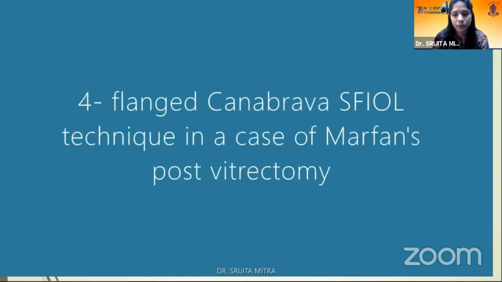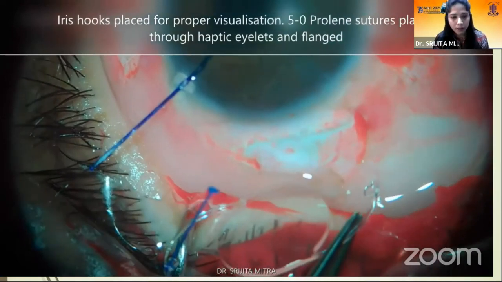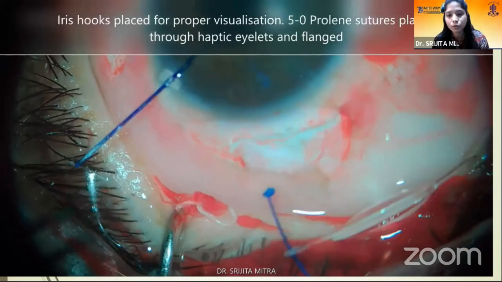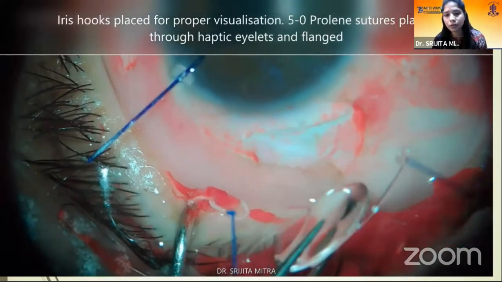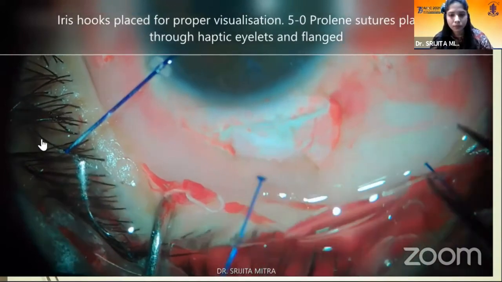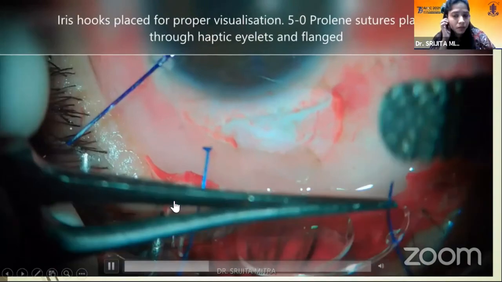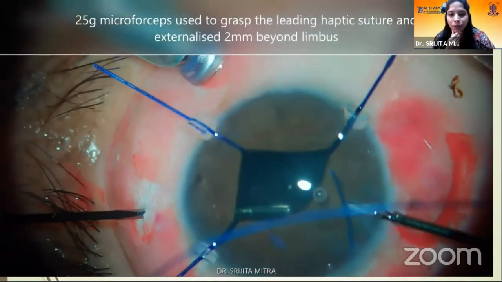I have a small video showing this technique as well. Here I have threaded the eyelets of the haptic with the 5-0 Prolene suture and flanged the ends of the suture. This was a case of a Marfan syndrome patient. In the primary surgery, I had done vitrectomy and removed the nucleus.